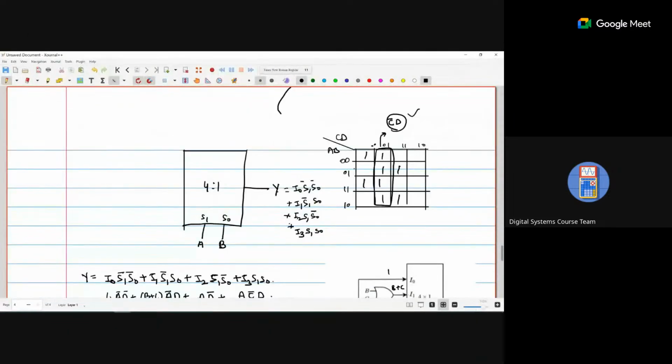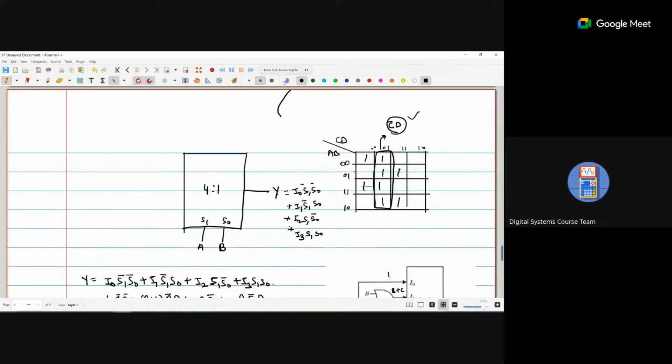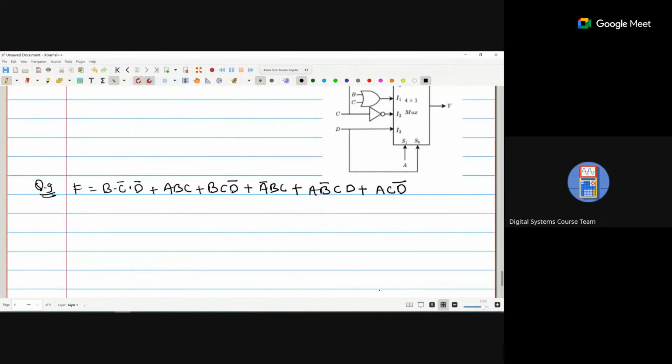Okay. Now I have to go again. I am not converting directly into the canonical form. I am directly writing the terms in K-map. But if you have any doubt, you can first of all convert into the canonical form, then write the terms in K-map.